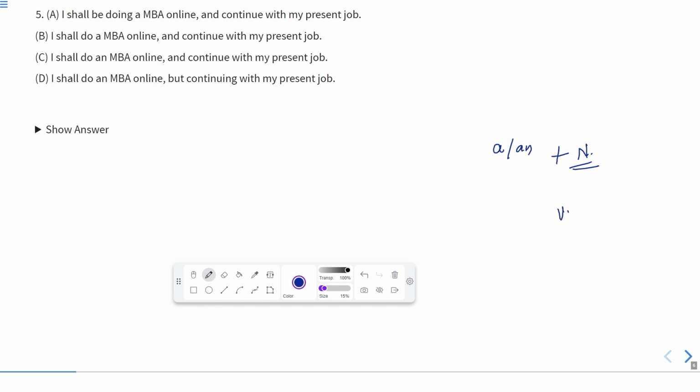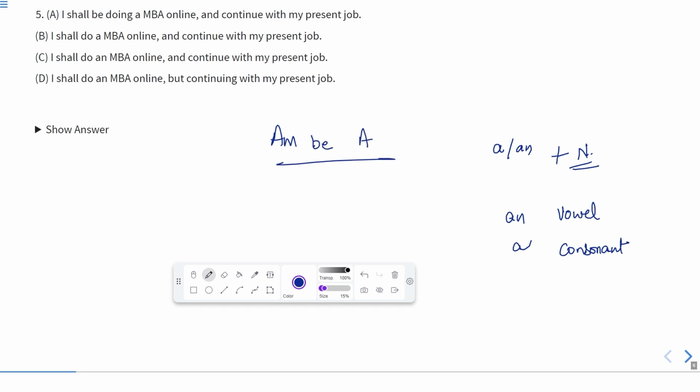If it begins with a vowel sound, we put AN, and if the noun begins with a consonant sound, we keep A over there. Now if we talk about MBA, it sounds like 'em-bee-ay'.